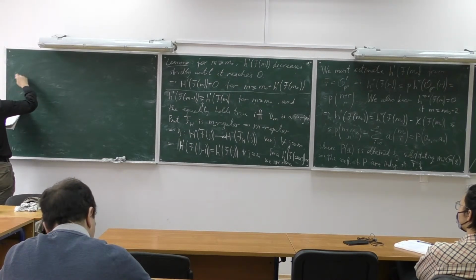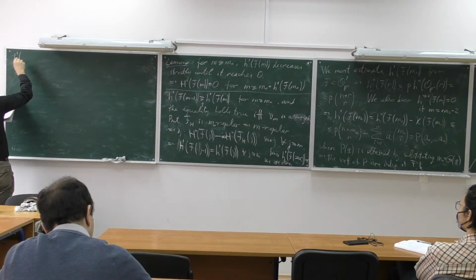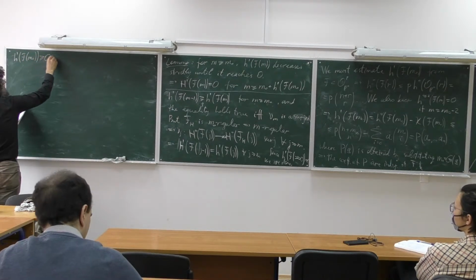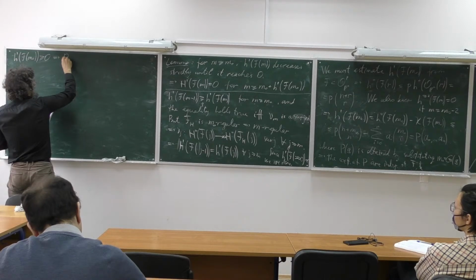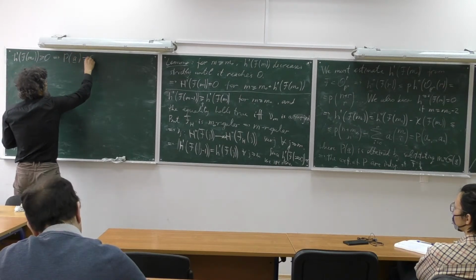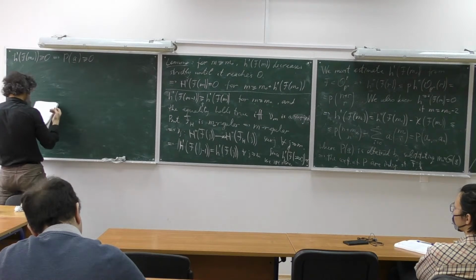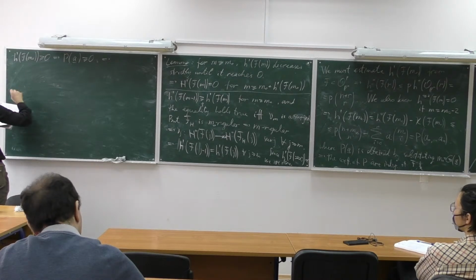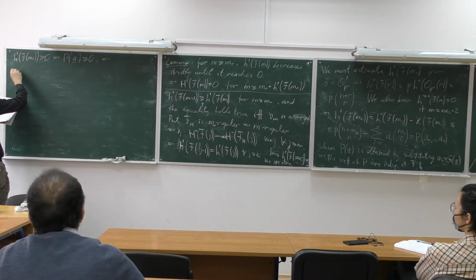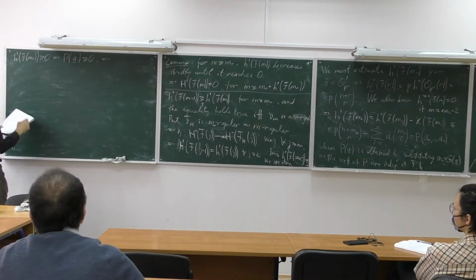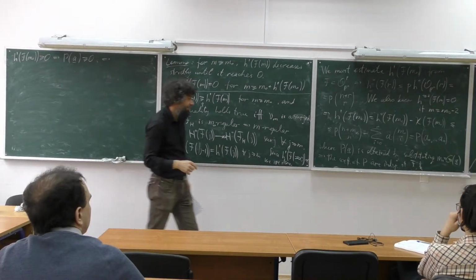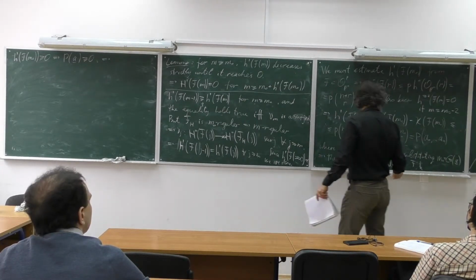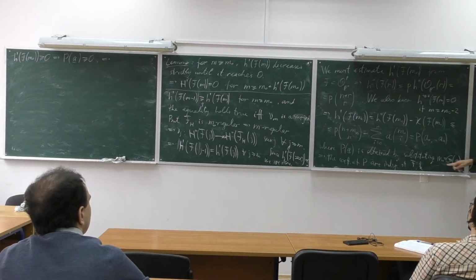So we know that H1 of F of M0 is non-negative, hence this polynomial p of a is also non-negative, and just substituting in there, we had it here half an hour ago, we obtained such an expression.